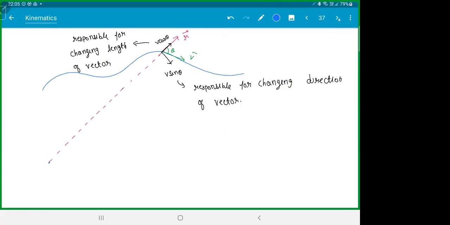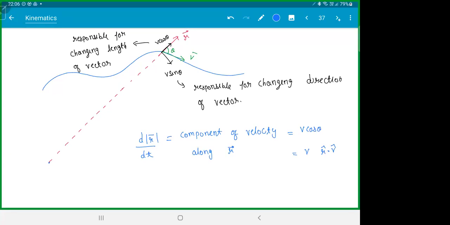So when you're writing this formula here, d mod r by dt, what is this? This is the component of velocity along r bar. In vector form, we can write this as v cos theta, which is nothing but v times cos theta. What is cos theta? r cap dot v cap, isn't it?